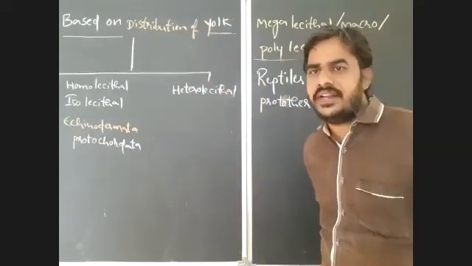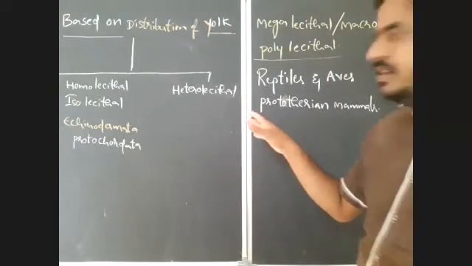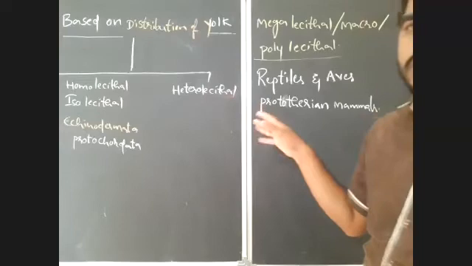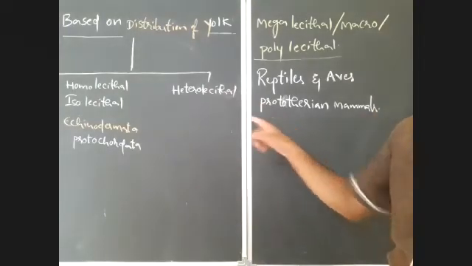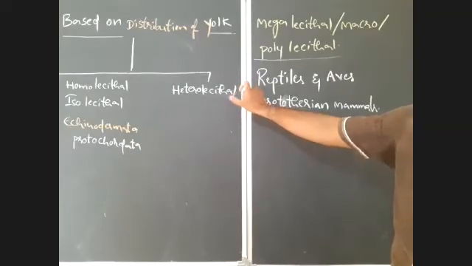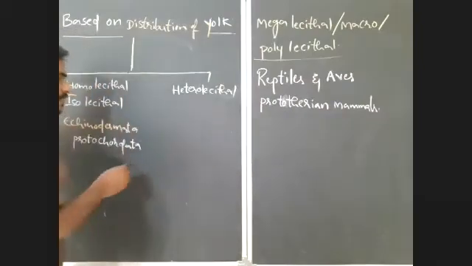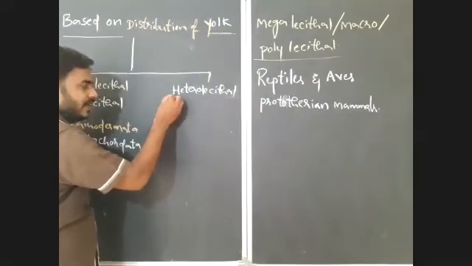There is no uniformity in the distribution of yolk. So this type of eggs are known as heterolethal eggs. These heterolethal eggs are divided into three types.